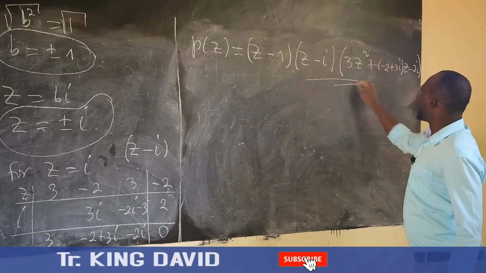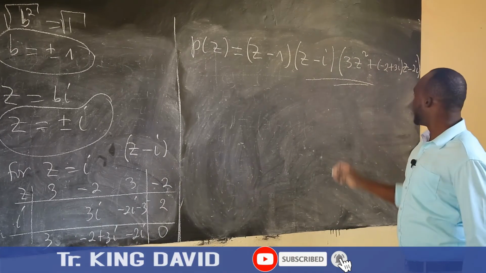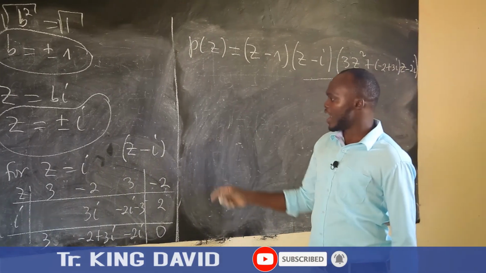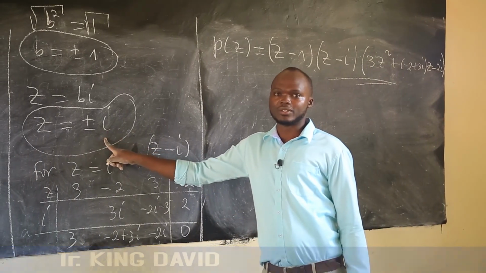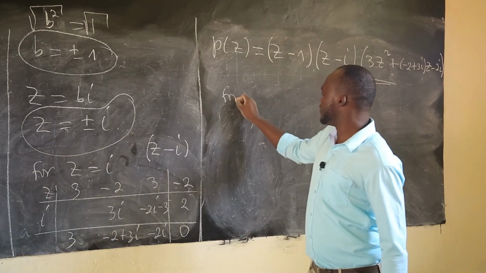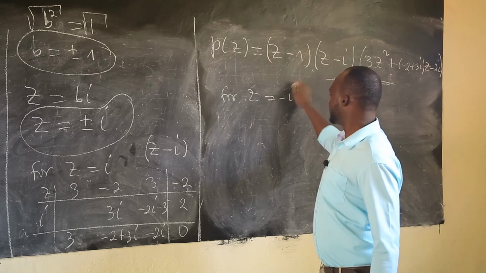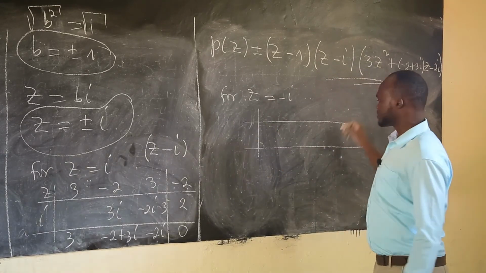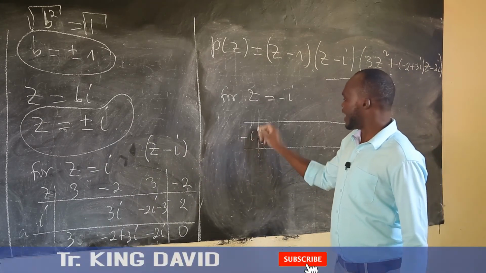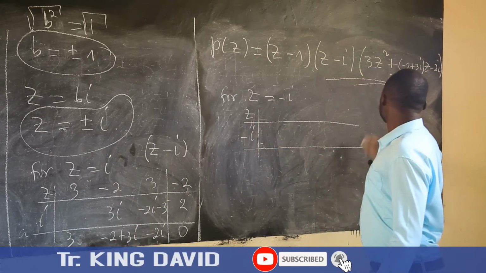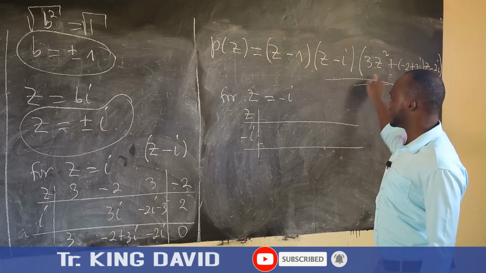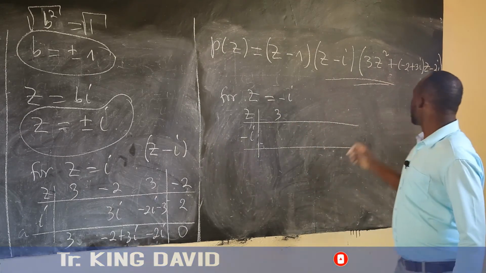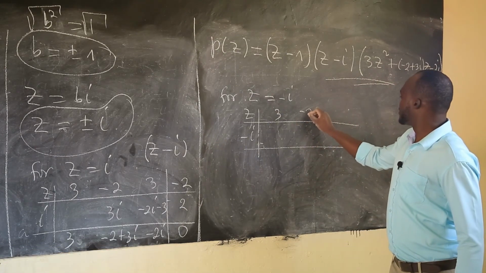So I'm going to factorize this quadratic. I also have z equal to negative i. For z equal to negative i, I also use synthetic division. I have negative i, z. The coefficient of z squared is 3. The coefficient of z is negative 2 plus 3i.